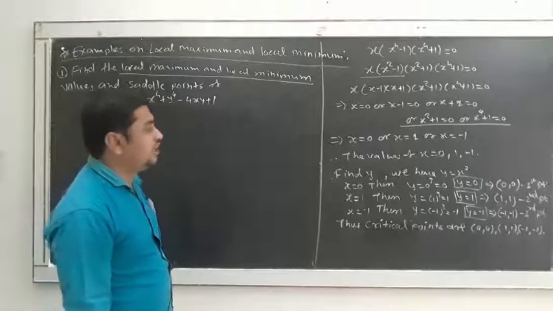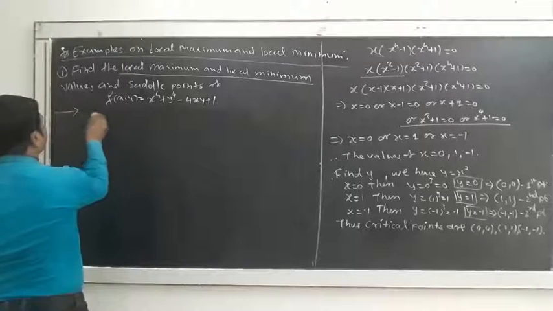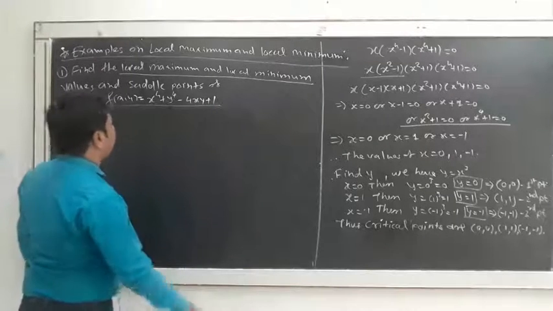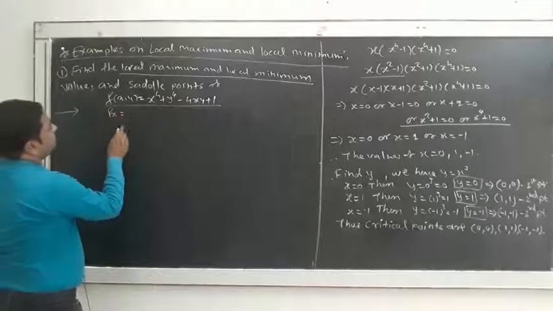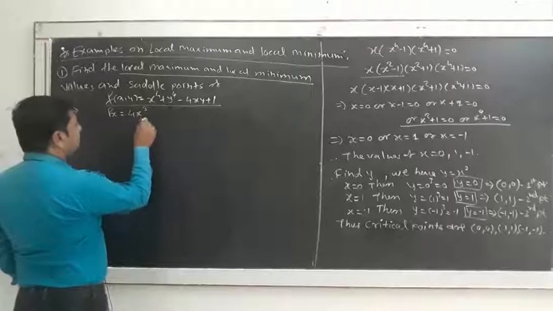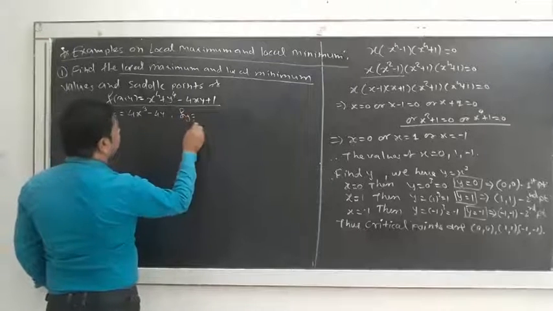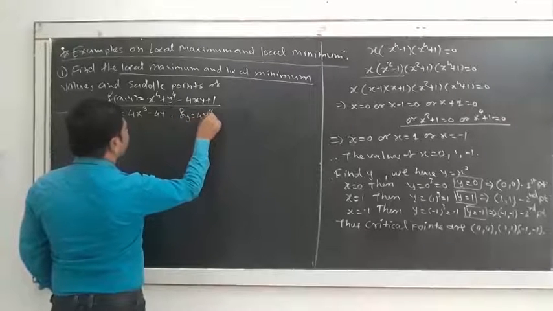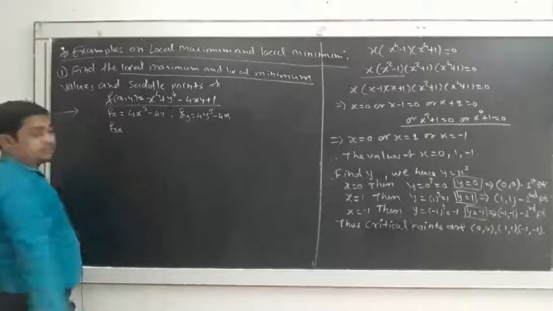Here is our given function. What is your fx? fx is 4x raised to 3 minus 4y, and fy is equal to 4y raised to 3 minus 4x, and you must find fxx.